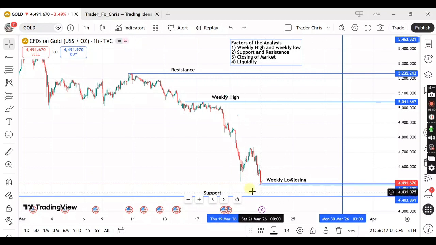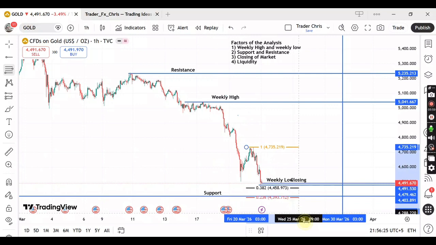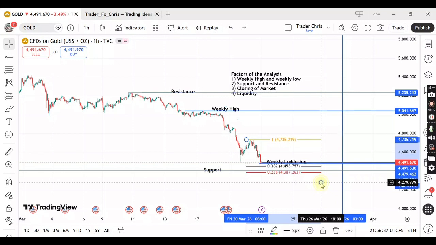The price closed here, and I am expecting it to go down towards the support area.